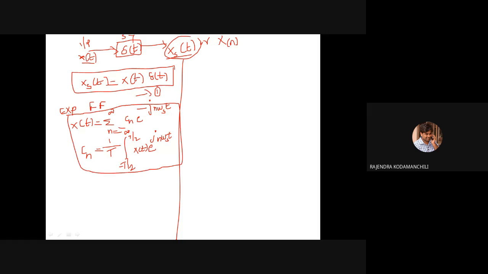This formula is very important and required to finish this derivation.